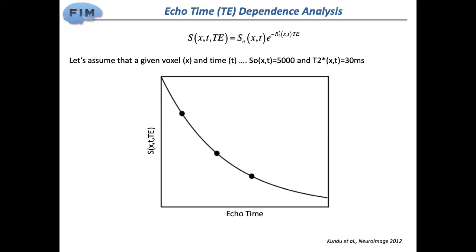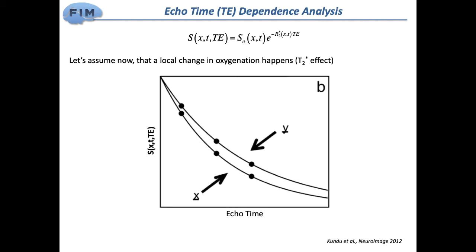And we're going to assume that from one time point to the next, there is a little bit of activation. There is some BOLD effect, a change in T2 star. What that means is that we will have this second decay. The only difference between this one and this one is a slight change in R2 star, which is what real neuronally induced activation hopefully looks like.